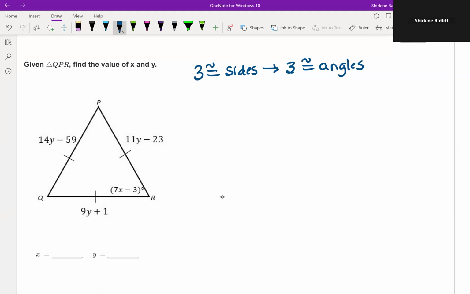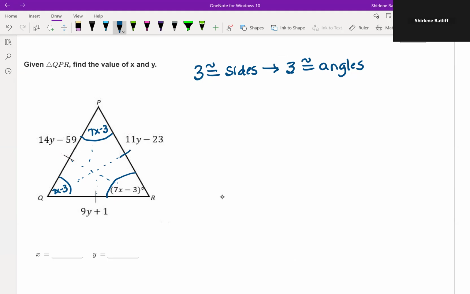All right, so we can take these tick marks and we can go cross guard and cross guard. And one more time, cross guard. All right, so since angle R is 7x minus 3, we know that angle Q is also 7x minus 3. Angle P is also 7x minus 3.